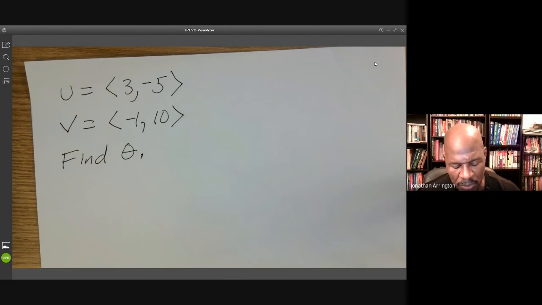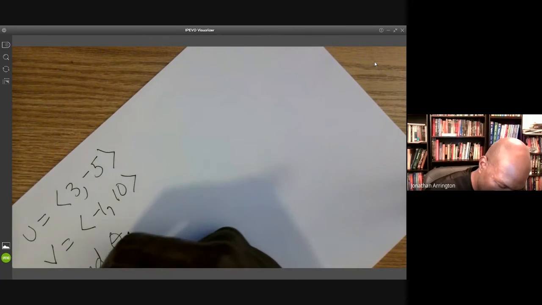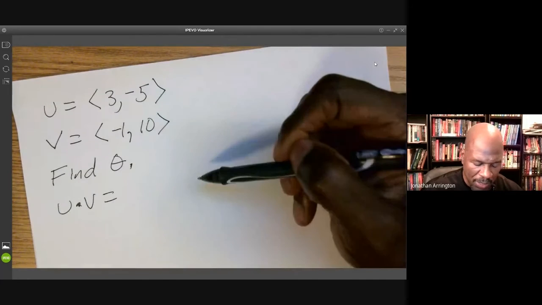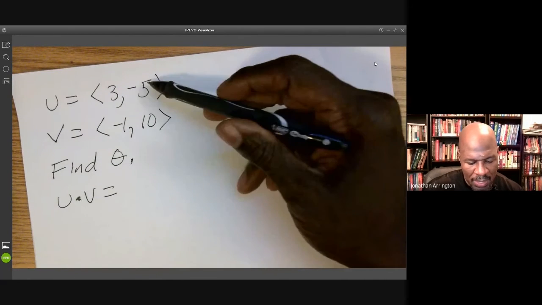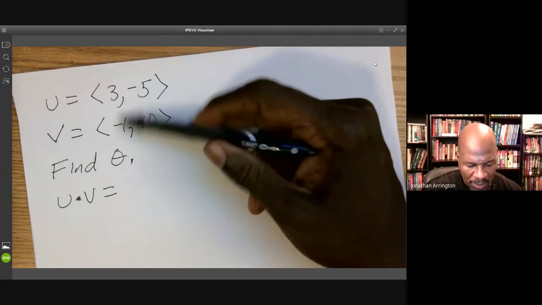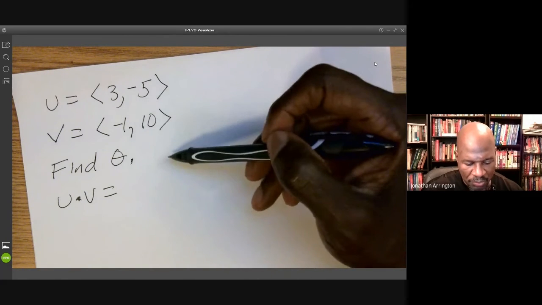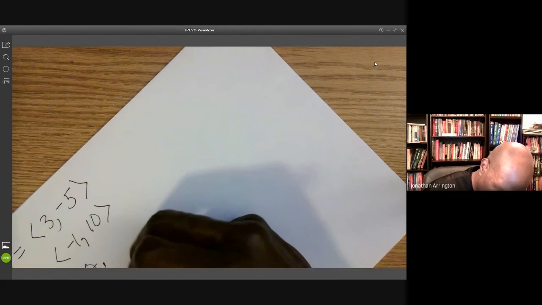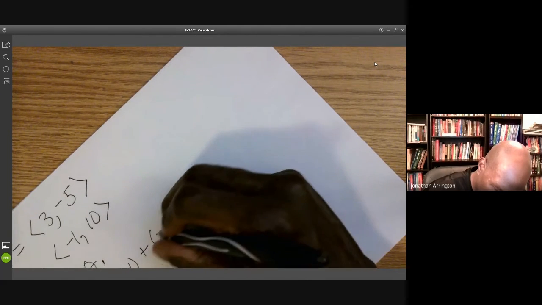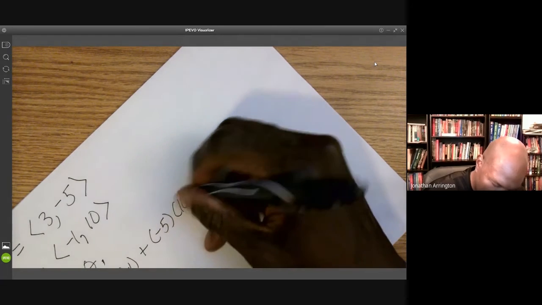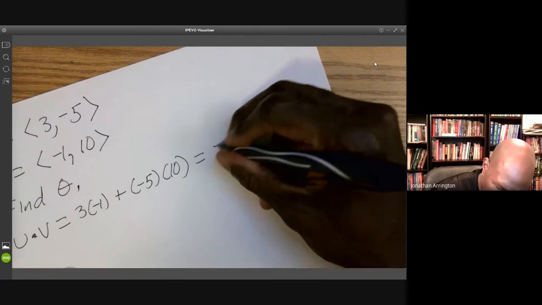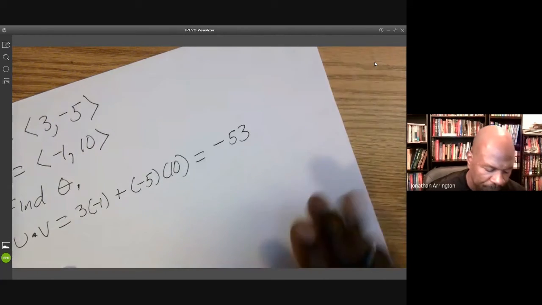So I need to find my numbers first, my three numbers. So first number I'm going to find is the dot product, u dot v, and that's going to be 3 times -1 plus -5 times 10. It's -3 plus -50, -53.